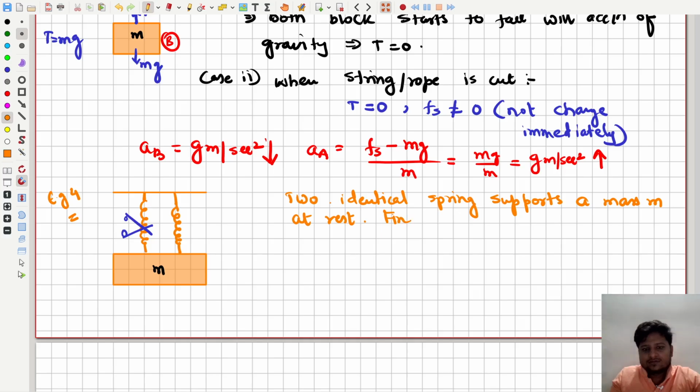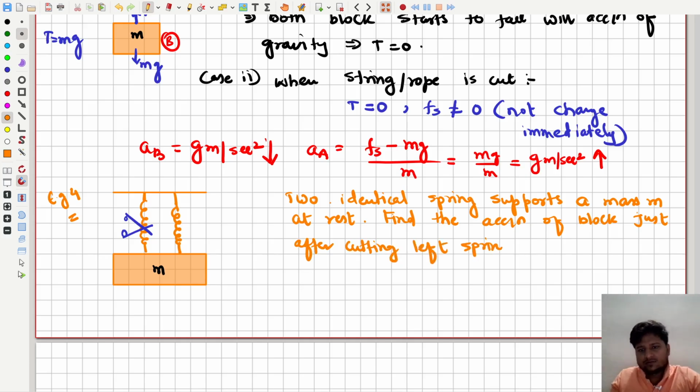Find the acceleration of block just after cutting left spring. Okay. Ignore rotation.